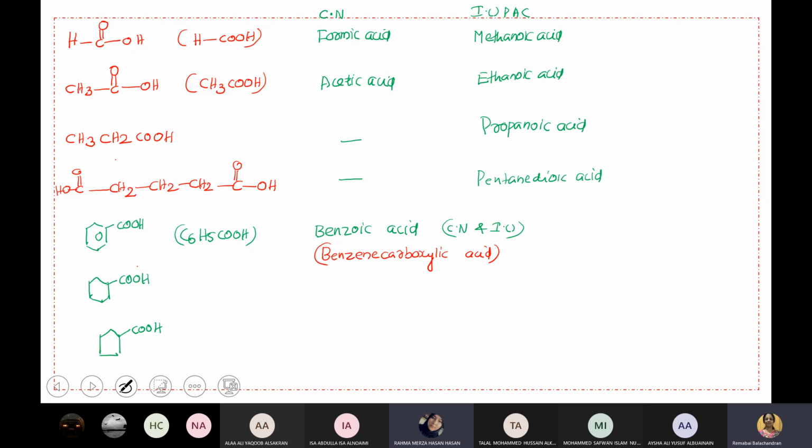Yes, this is cyclohexane. This one will be cyclopentane carboxylic acid.